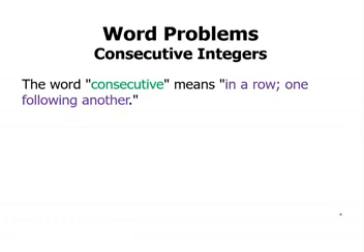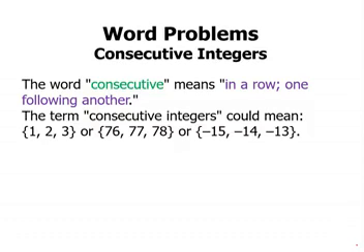Now we'll talk about a particular kind of problem that combines integer properties thinking with algebraic thinking, about consecutive integers. So the word consecutive means in a row or one following the other. So the term consecutive integers could mean any number of integers in a row. Could be the numbers from 1 to 100 or just 1, 2, 3.